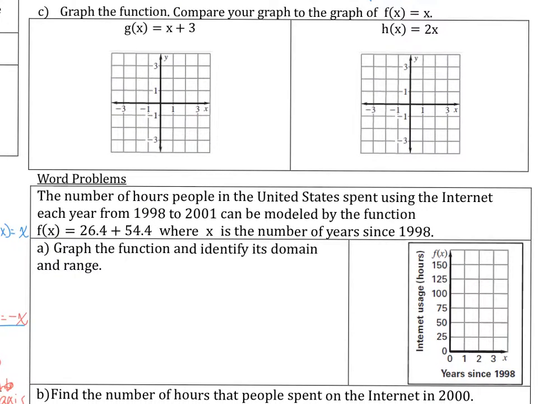Part C, graph the function. Compare your graph to the graph of f of x equal to x. So here, I'm going to use slope-intercept form. I know my y-intercept is 0, 3. My slope is 1. Shift 1 up, 1 to the right.